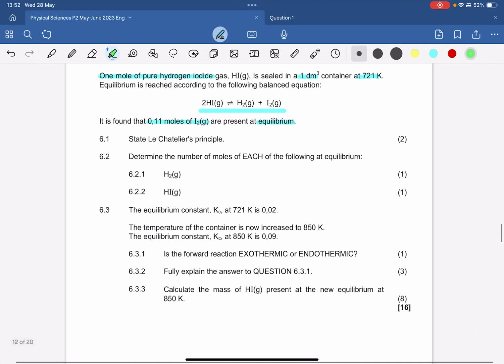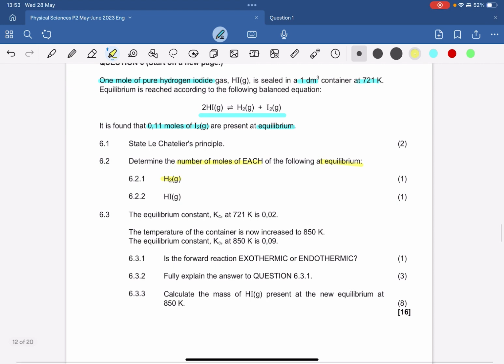In 6.2, we're asked to determine the number of moles of each of the following at equilibrium. 6.2.1 says the hydrogen gas. We already know the number of moles of iodine gas at equilibrium, so we're going to use that.